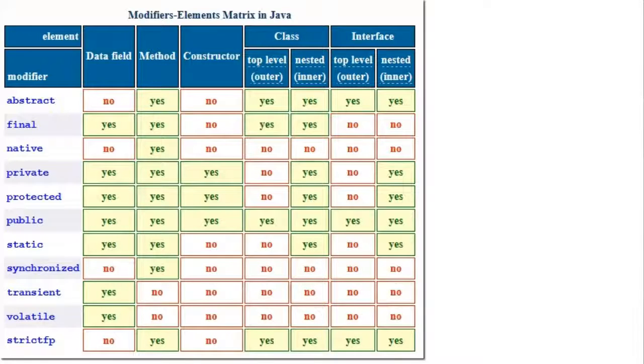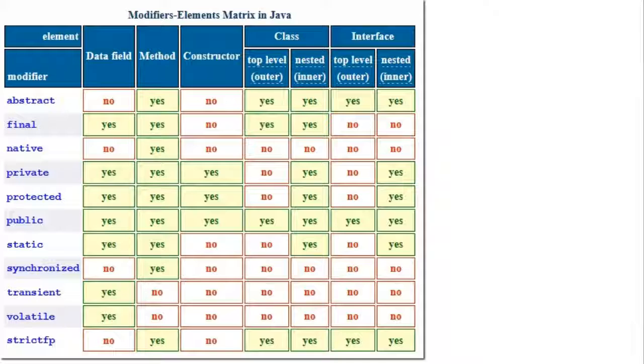Now let's talk about the strictfp non-access modifier. strictfp is a keyword in the Java programming language that restricts floating point calculation to ensure portability. For example, in some applications a programmer might need every platform to have precisely the same floating point behavior, even on platforms that could handle greater precision.